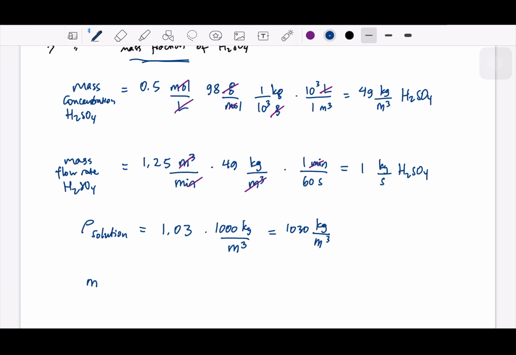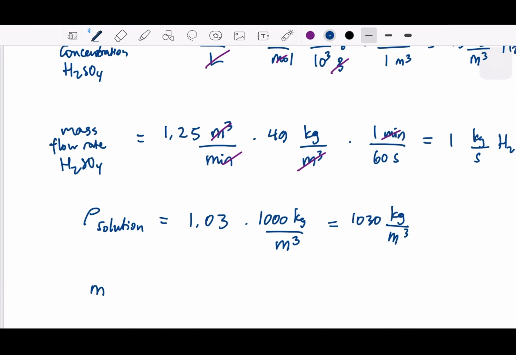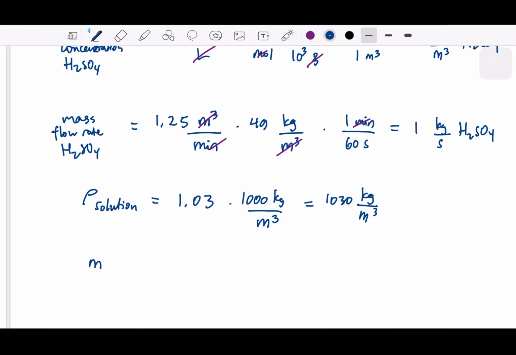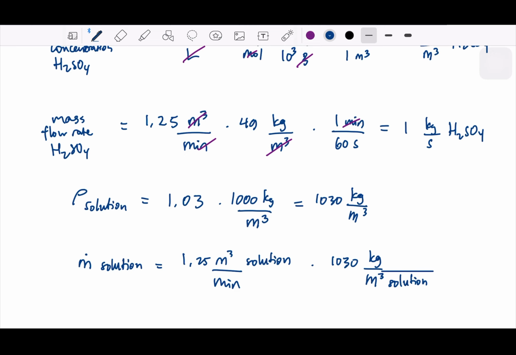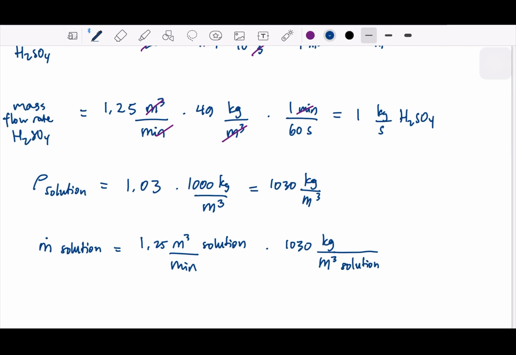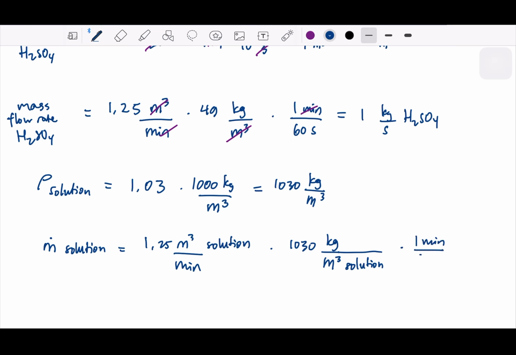And then we can have the flow rate of the solution, multiply with the density, and then change the minute into second.